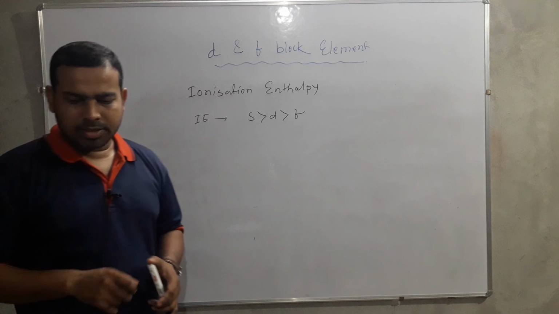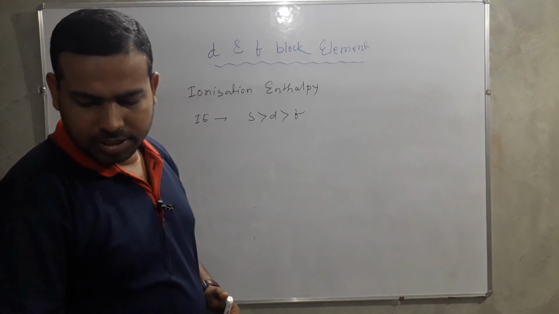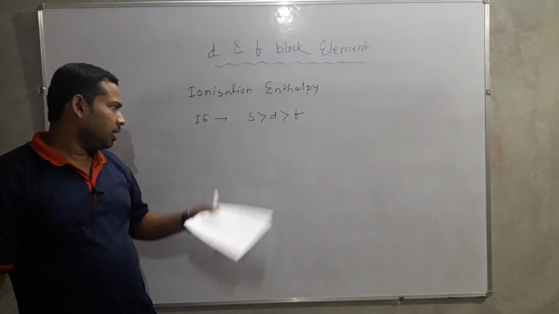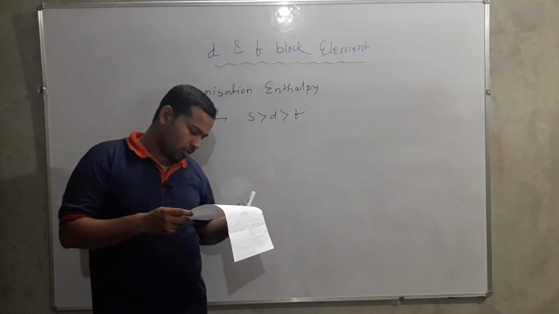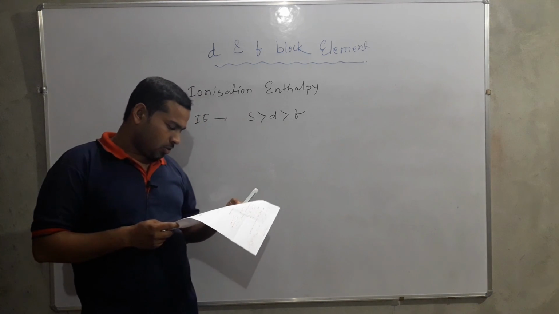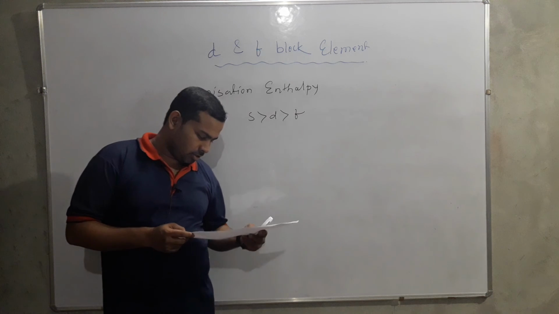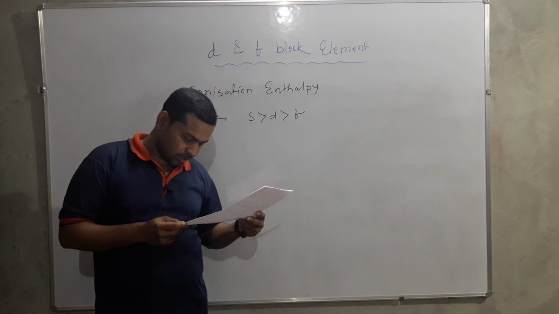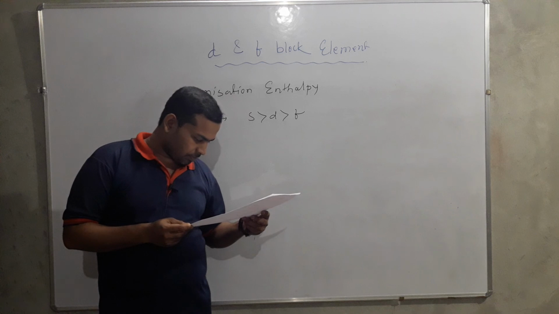So S block elements require more ionization potential compared to D block elements. D block elements require more ionization potential compared to F block elements. So this one also depends on the stability of atoms. Clear people?